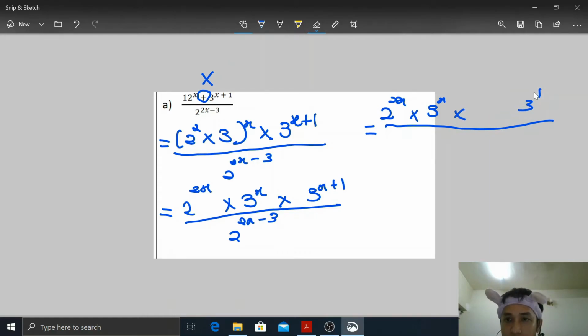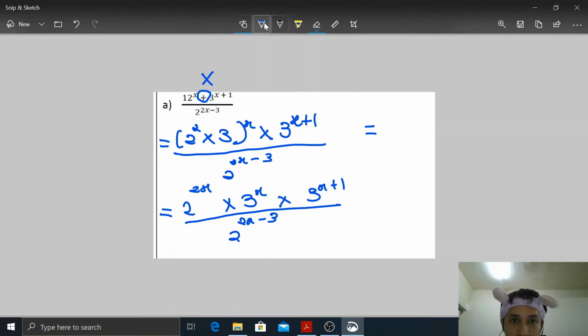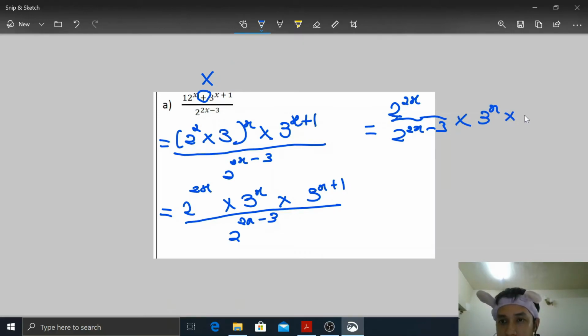Too complicated. I can just straight away do this. Remove. Okay. So since I already have the same variables, I can straight away do this already. So I can move it into like this. 2x divided by 2x minus 3, and then multiply to 3x multiply 3x plus 1. Alright, so this one is divide, so meaning minus.